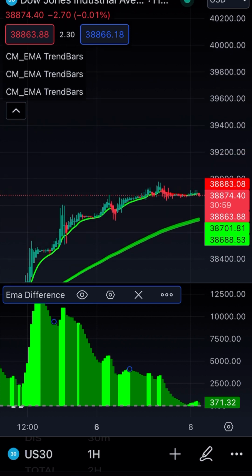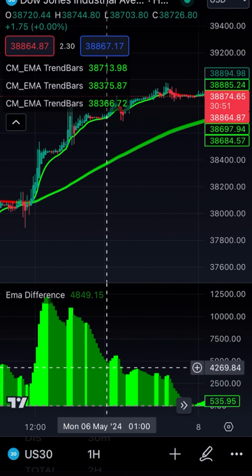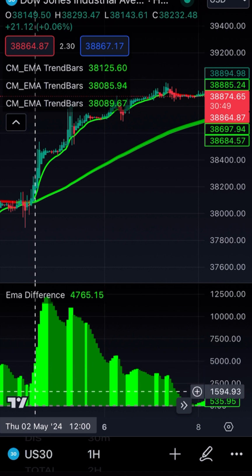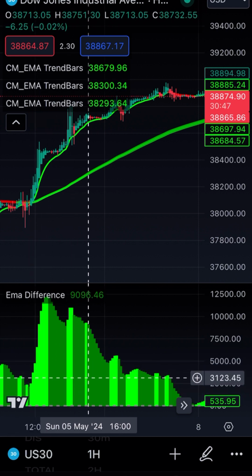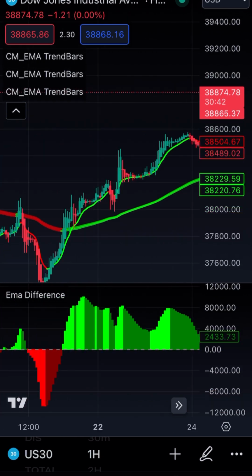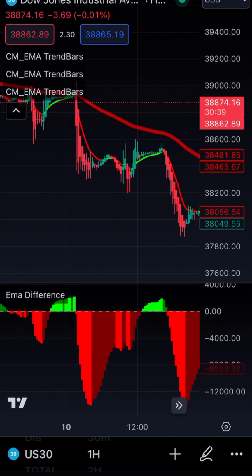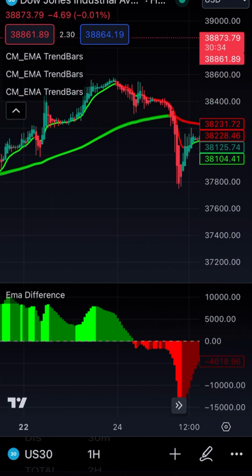Once you do that, you wait for the asset to cross. I do this on the hour, and if you miss the cross, you just want to find all the moments where, if it's bullish, you focus on all the light green, and if it's bearish, you want to focus on all the moments where it's light red. So that's how you find your trades.